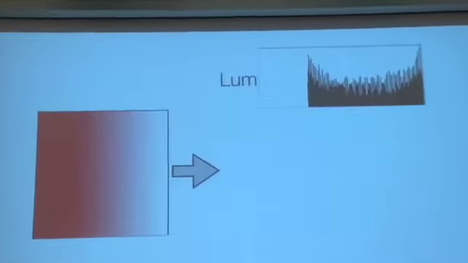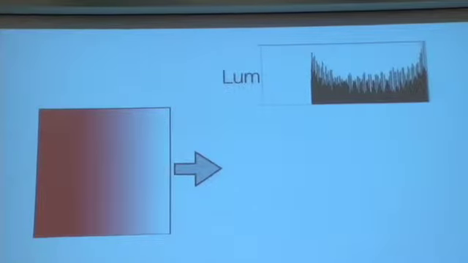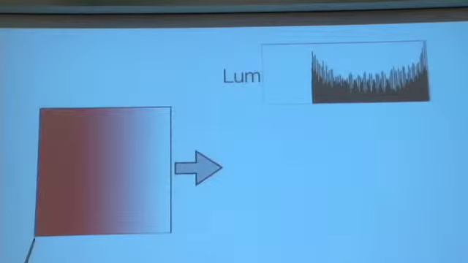So if this gradient was more uniform, so if there was less of the pure red on this end and less of the pure white on this end, then it would be a bit flatter. But that's not the case. There's more red and more white than the gradient itself. So we see this sort of dip in the middle. Now we have this kind of crazy up and down motion. Why might that be?